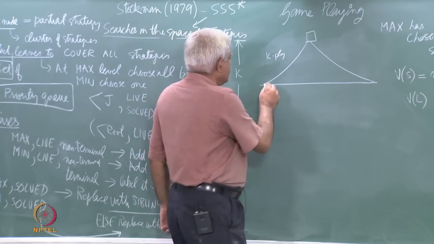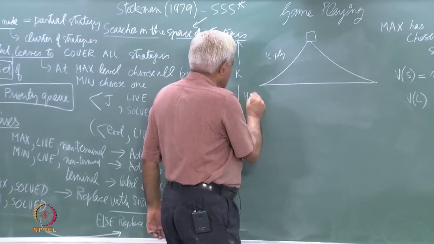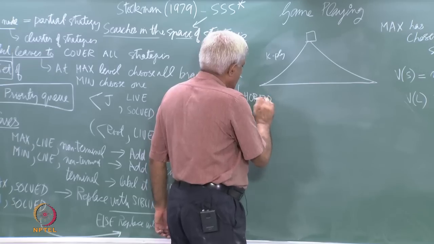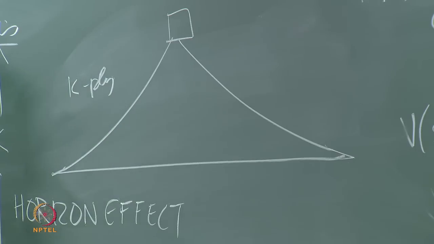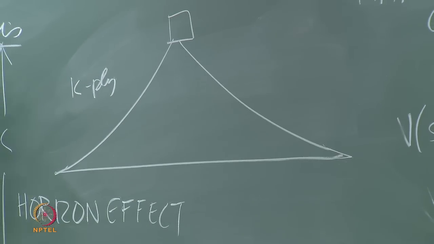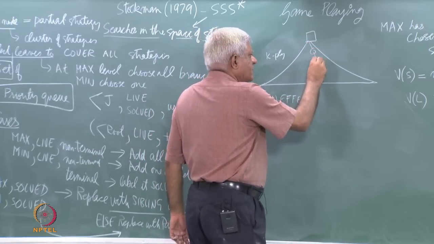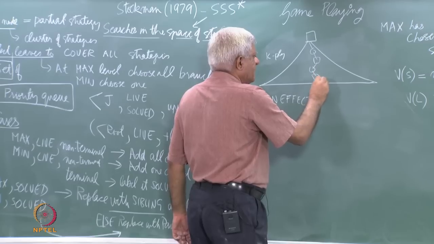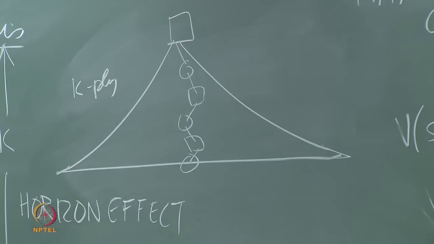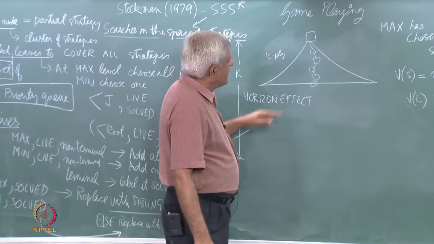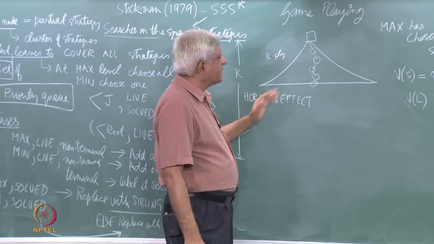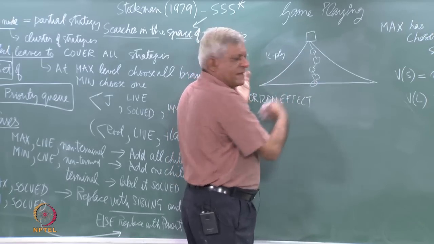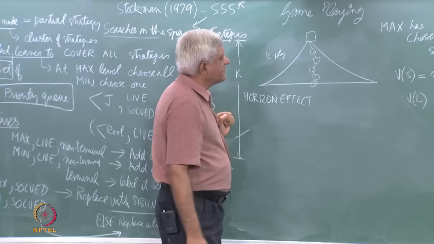Now, there is something called the horizon effect, and this is as follows. Supposing there is one particular line of play which is of interest, which is being evaluated by certain mechanism, as happens naturally in this. So, let us say this sequence of nodes has a role to play in determining that either this is better or something else is better, it does not matter, it is an important sequence of moves.